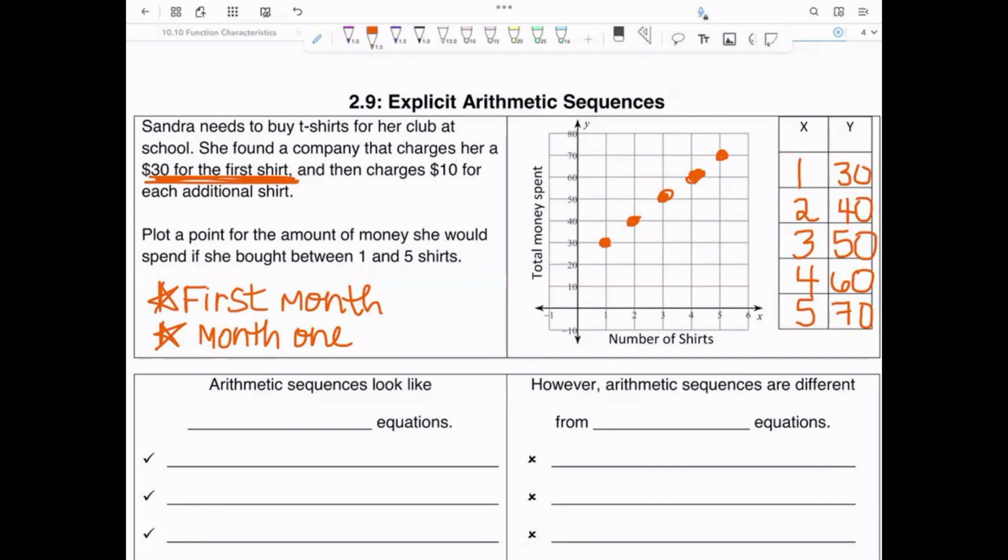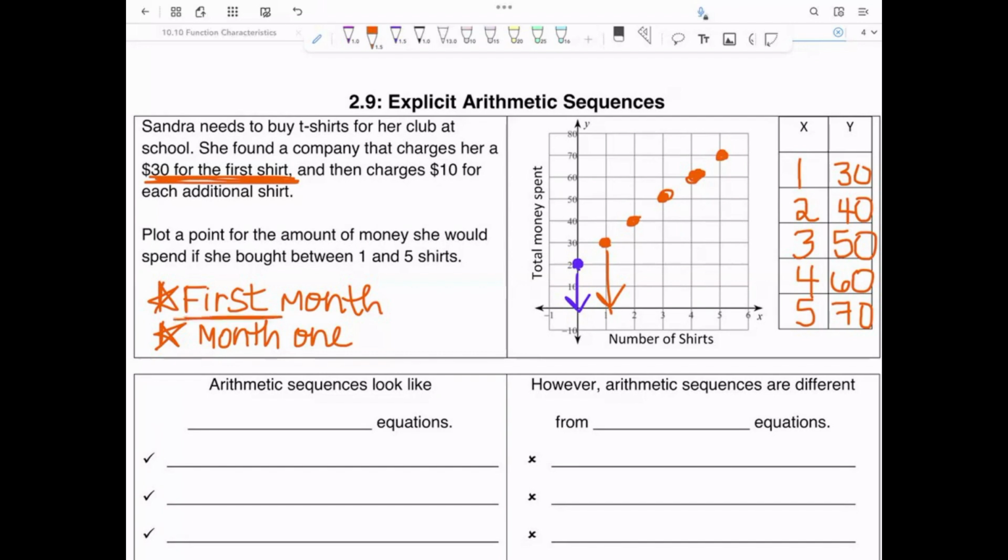A sequence starts at 1, whereas usually with a linear equation, it would start at the y-intercept. In this case that would be 20, right? So a linear equation starts at 0, but sequences start at 1. That's a big difference between sequences and linear equations.